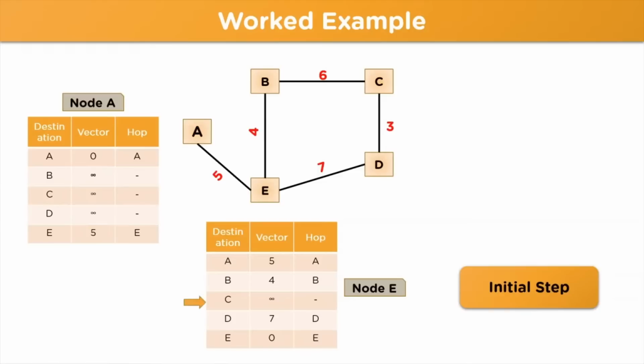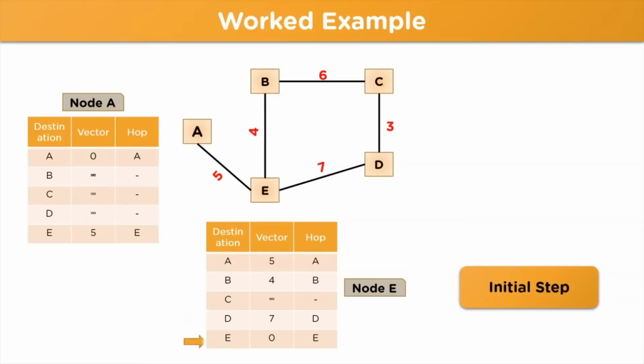Then we have destination as node C. As given, there is no direct connection between node E and node C. That means the value would be infinity. Then we have node D, which has a direct connection with node E, and the value is 7.